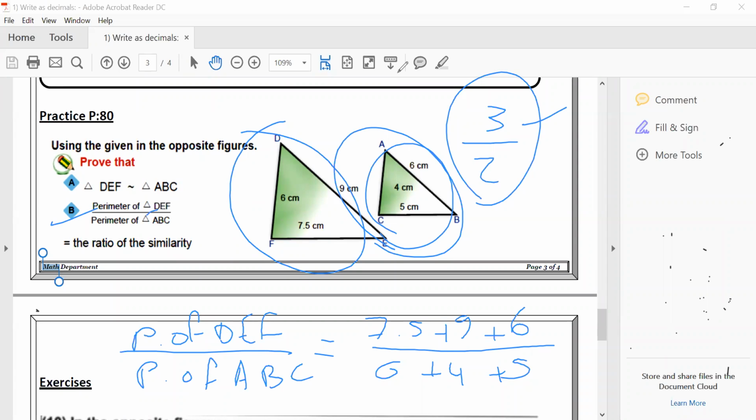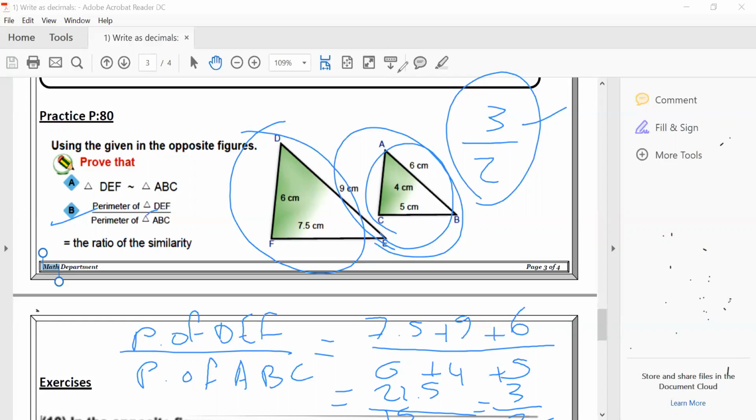Let's calculate. 9 plus 6 plus 7.5, you will have 22.5 over 6 plus 4 plus 5, which is 15. When you divide 22.5 by 15, you will find it is equal to 3 over 2.